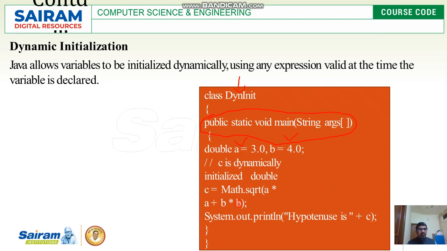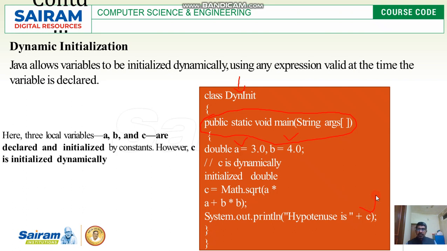If you initialize the value of a variable in this way, we call it dynamic initialization. This is going to print the value of c finally. Here a, b, and c are defined within the scope, so within this scope they are defined, and we call them local variables.